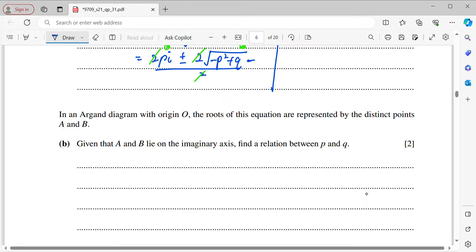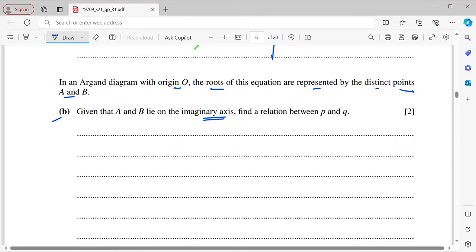Now, in an Argand diagram with origin O, the roots of this equation are represented by distinct points A and B. Given that A and B, now this is part B, given that A and B lie on the imaginary axis, find a relation between p and q. Okay, let's say for example, this is an Argand diagram. Here is the real axis.